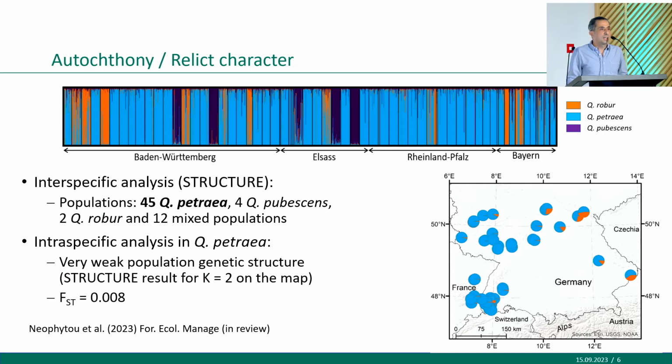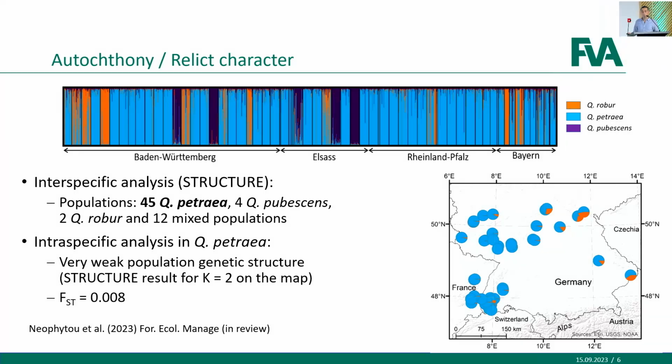And this is the result of structure with our 22 nuclear microsatellites. This was useful, among others, also in order to form species-poor pools for our pool-seq approach. And what we see here is that Quercus petraea, represented with a sky blue color, is the most common species.